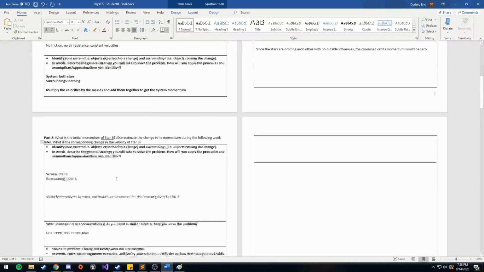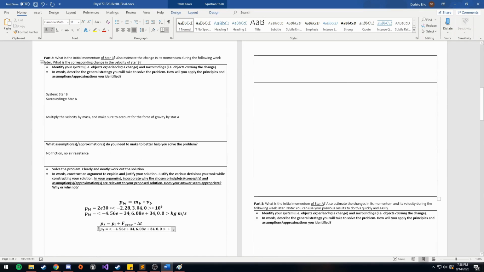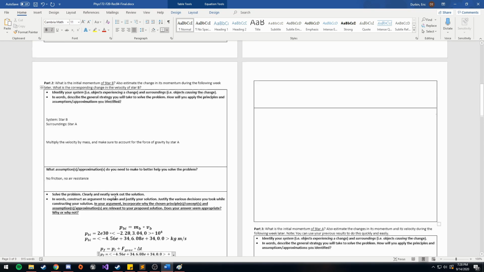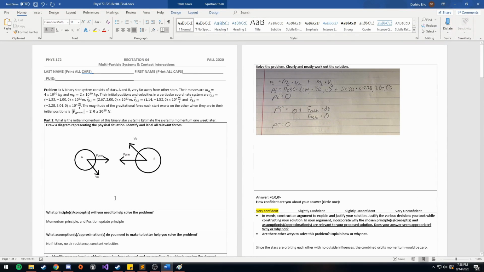Plus the force of gravity. Where are we adding that? How are we adding that? So F net is going to be equal to... Isn't it equal to the change in momentum?